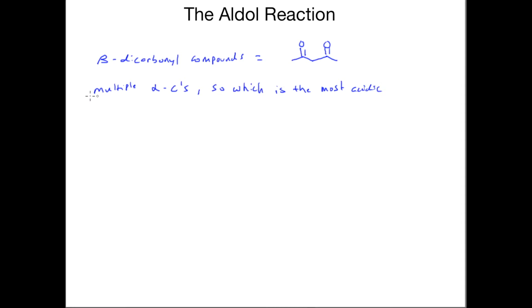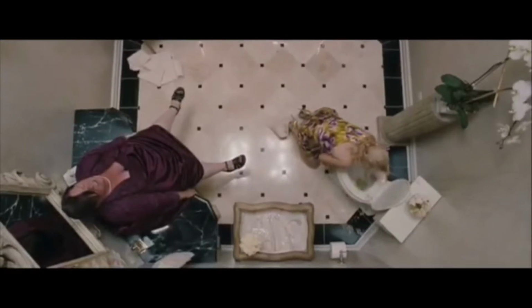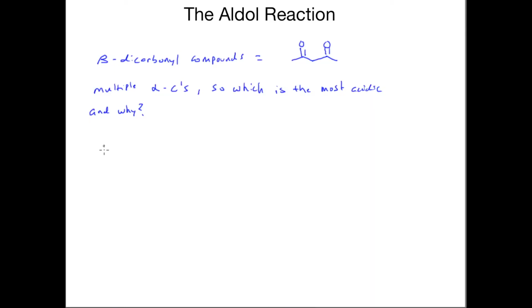Let's draw this out, and draw all of the alpha hydrogens. If I treat this with a little bit of base, which one is the base going to take? Let's do an example first. Say it takes the one on the end.